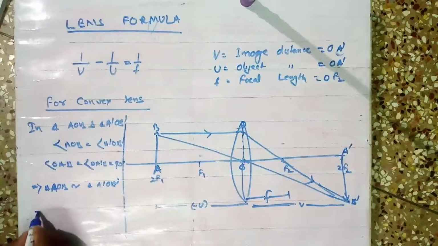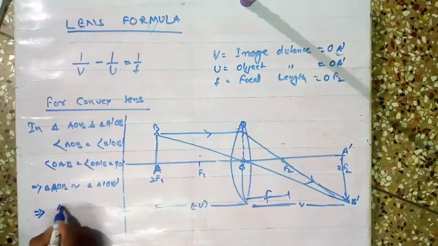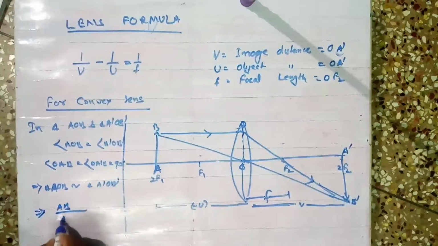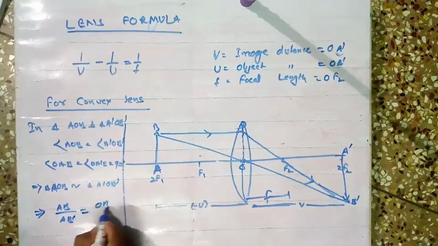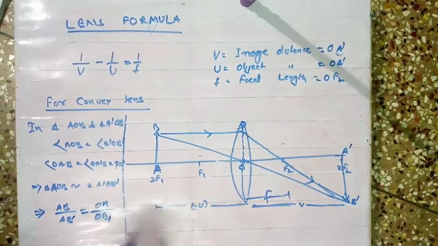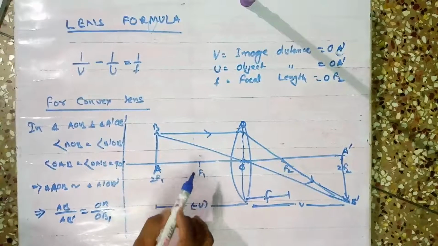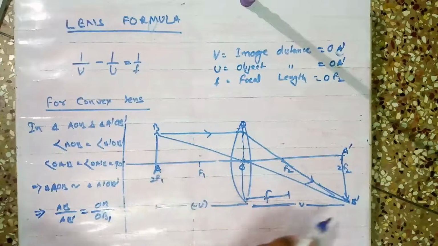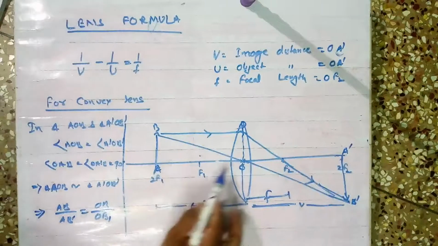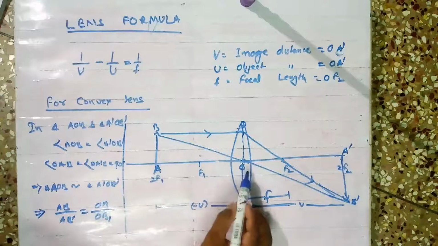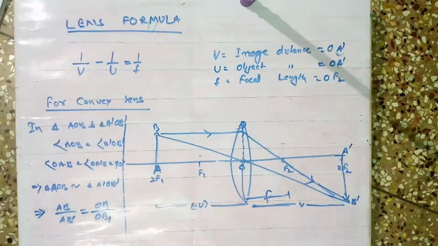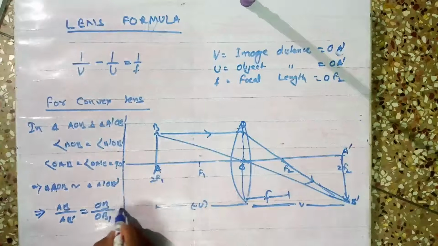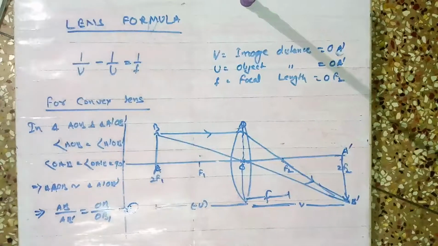This implies that AB by A prime B prime is equal to OB by OB prime, corresponding ratio in the corresponding sides. This is number 1. Clear?